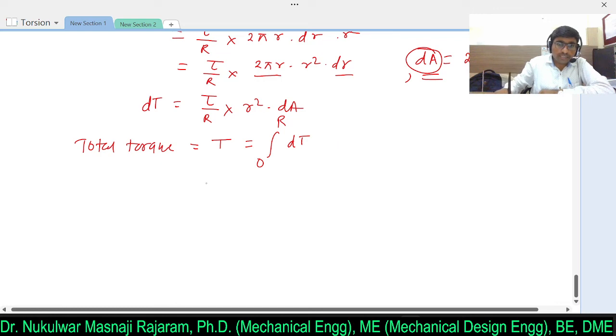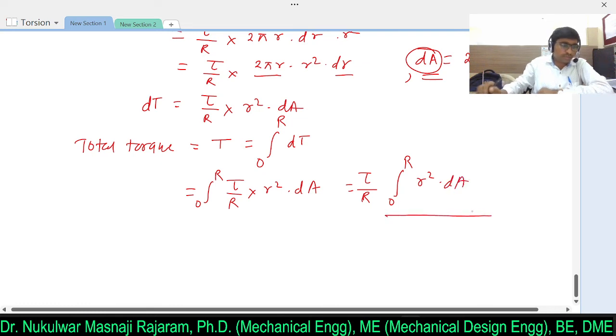So I can write from 0 to r, tau by r into r square into dA. Clear? Now here tau by r is constant, so I will take it outside, tau by r into the integral of r square dA. So what is this?